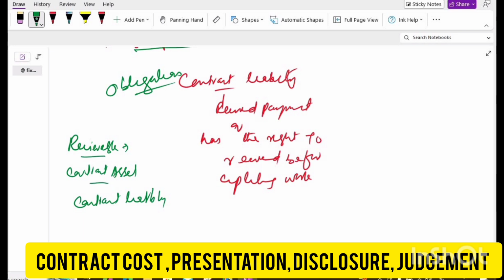About contract asset, we have explained that the company has earned revenue but payment is still conditional. And about contract liability, we have discussed that the company has received payment but hasn't earned the revenue yet. So that is your contract liability. Clear?